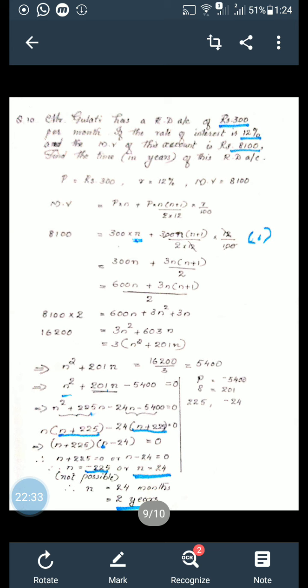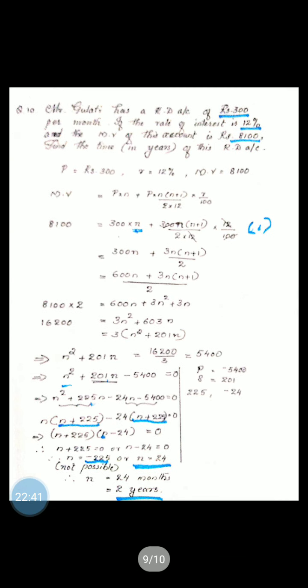Plus 300 into n into n plus 1 by 2 into 12 into R, which is 12, 12 by 100. Simplify the second term. When you simplify the second term, you will get 3 into n into n plus 1 by 2. So, take the LCM of the right side. What is the LCM? LCM is 2.